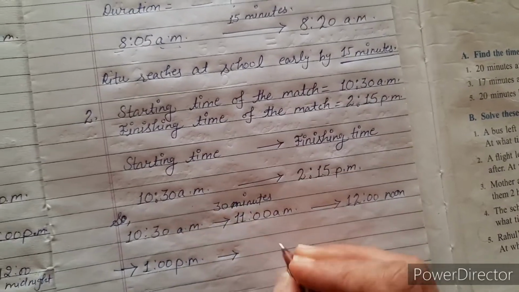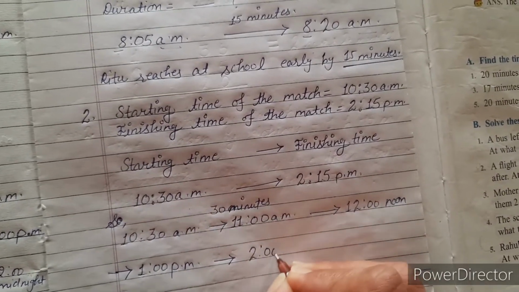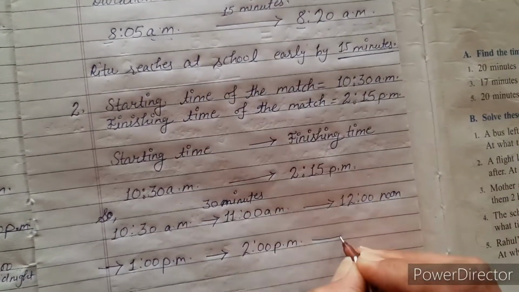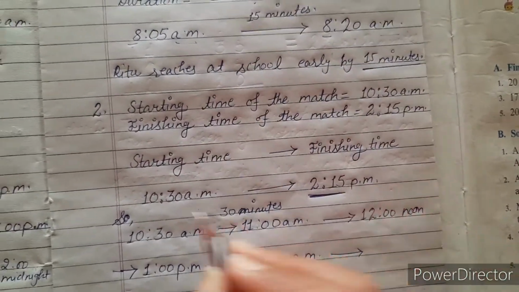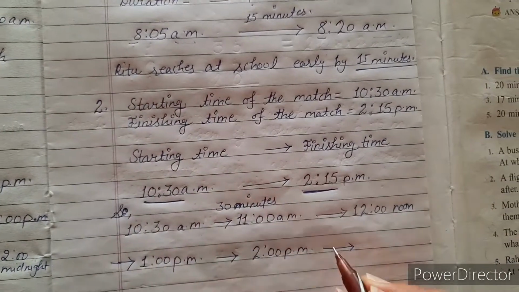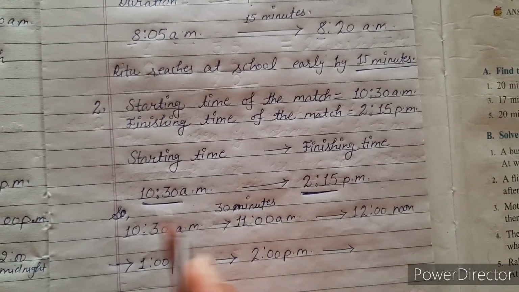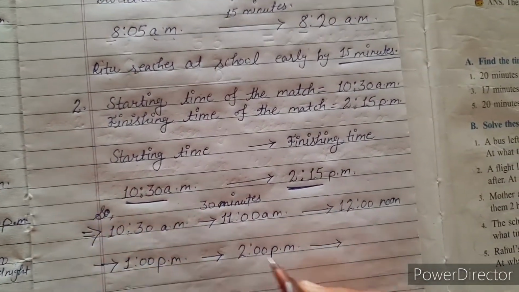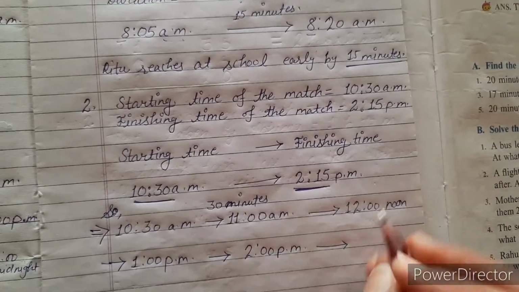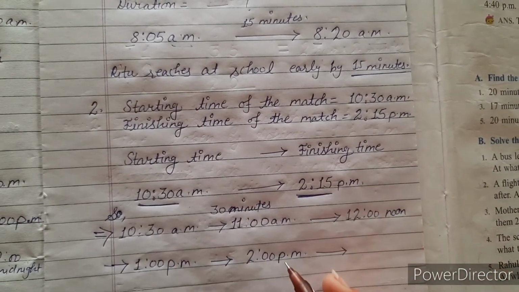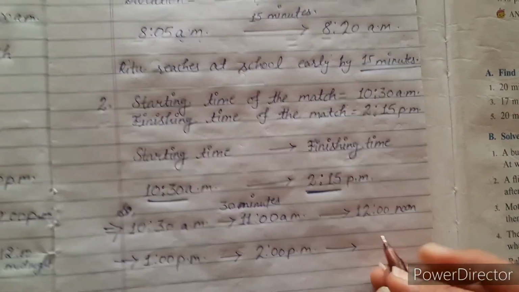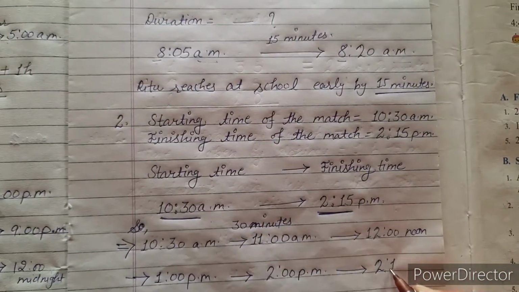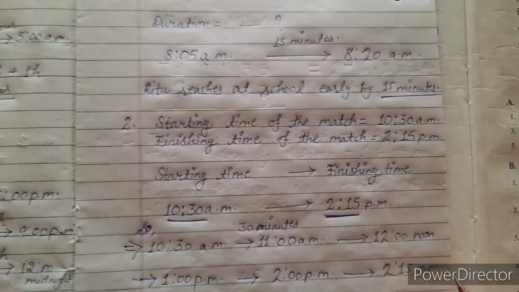After 1 it can be 2 o'clock PM. And what is our finishing time? This is 2:15 PM and the starting time is 10:30 a.m. So we start with 10:30 a.m. Now it is 2 o'clock. We don't need to move on to 3 o'clock. Our timing is 2:15, so the last timing we write down here is 2:15 p.m.